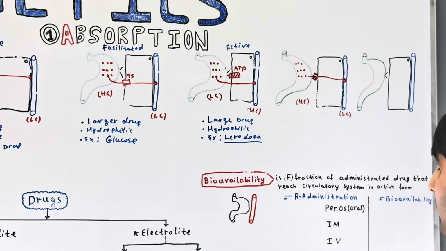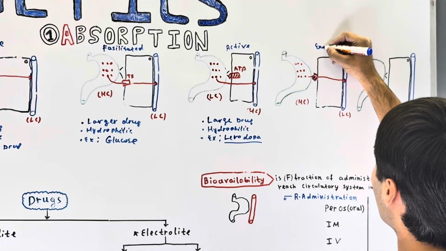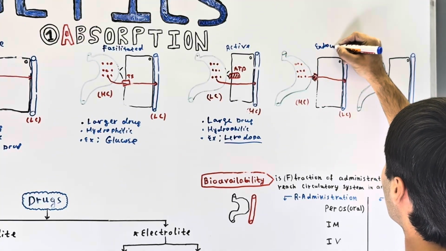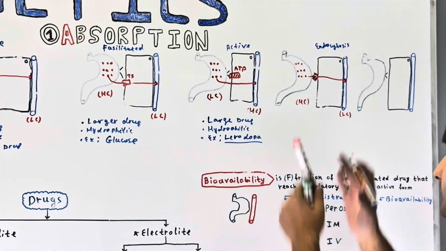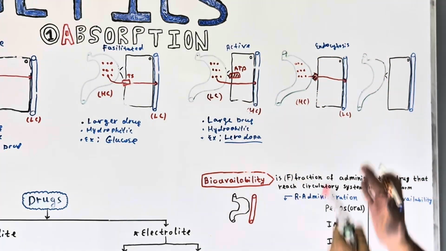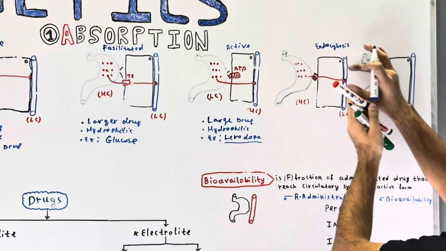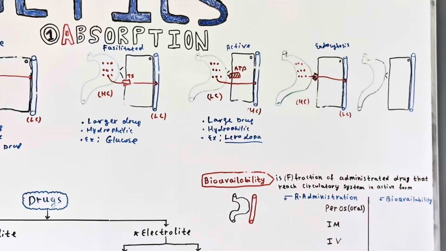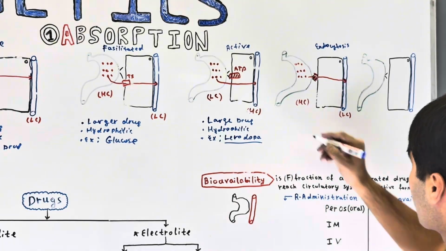Now here I will write: endocytosis, especially pinocytosis, a type of endocytosis, where the membrane of the gastric cell engulfs the drug and transfers it to the blood circulation. So which groups of drugs are these?